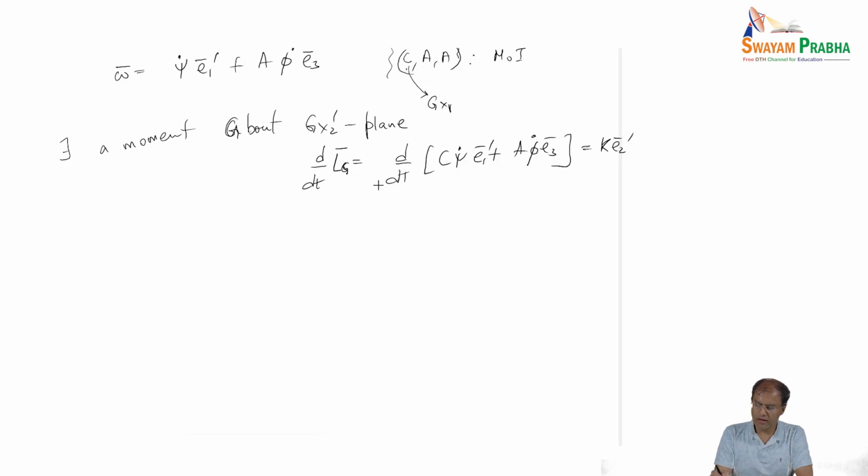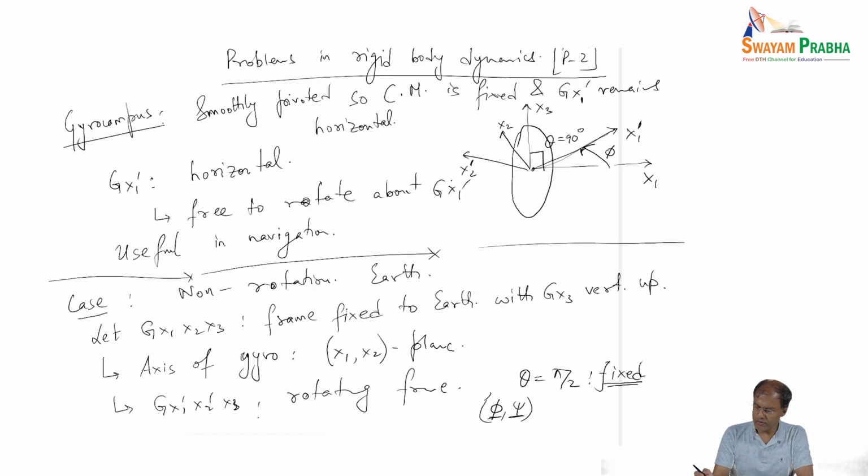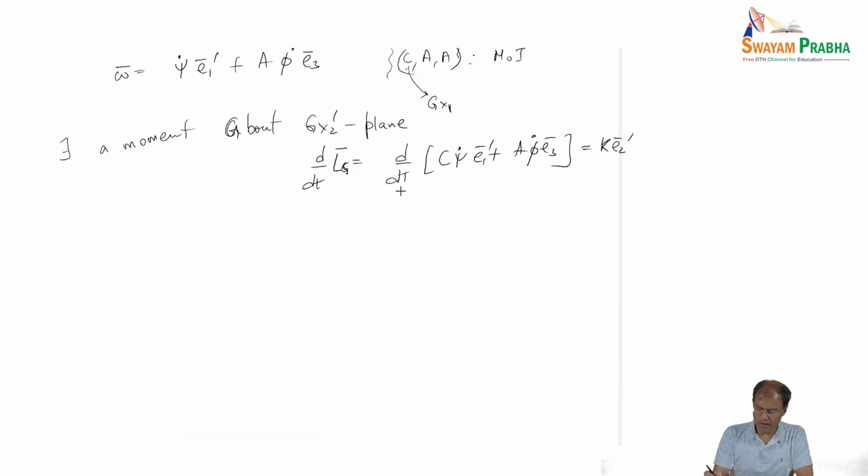So it turns out that there is a moment about the second axis, which allows the gyroscope to have this angle theta equal to 90 degrees, or it allows the gyroscope to rotate along the horizontal plane. There must be a moment, right? So that is what we have written, the moment equation.